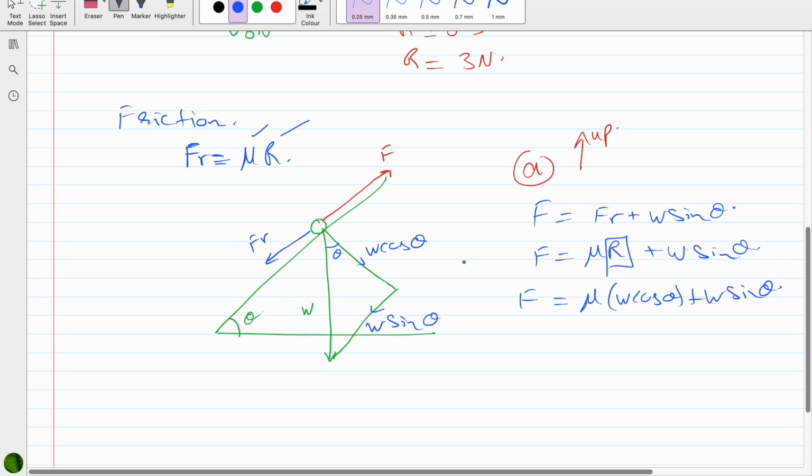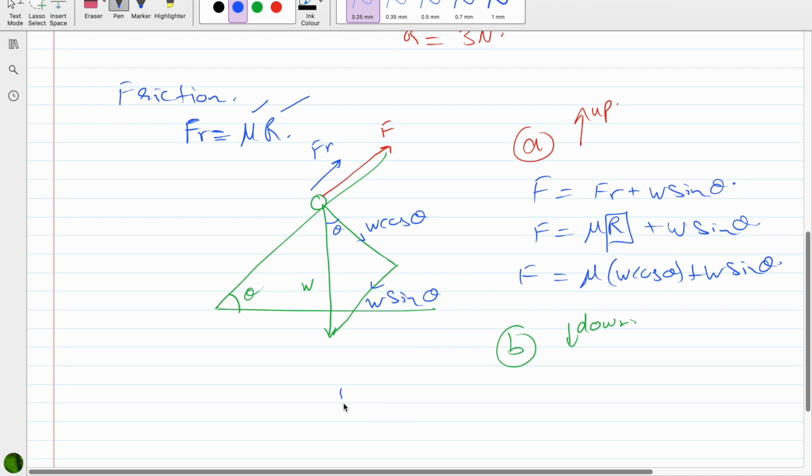And the second scenario would be that this force is sufficient that it is at the verge of moving down. So if it is moving down, this force in red would stay there, but friction will change its direction and it would be upwards.